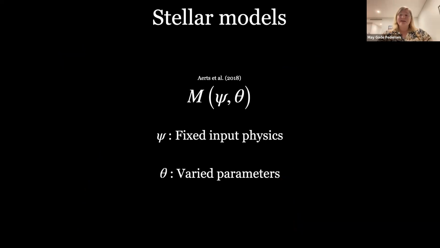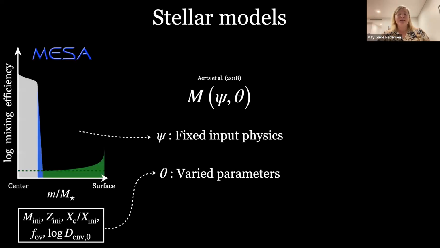Now, the stellar models that we're studying, we can express as being a function of a set of fixed input physics, psi, and a set of varied parameters, delta. So to give an example, the fixed input physics would correspond to the shape of the interior mixing profile that we choose, whereas the varied parameters would be the mass, metallicity, age, and the mixing parameters that were adopted.